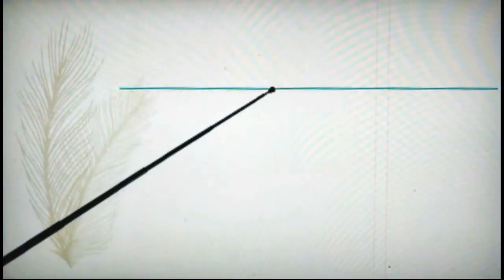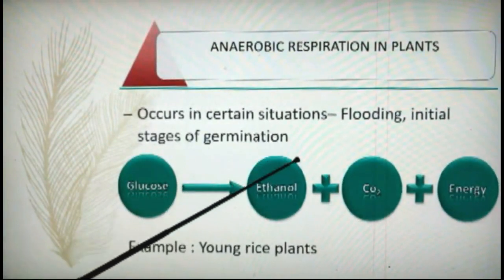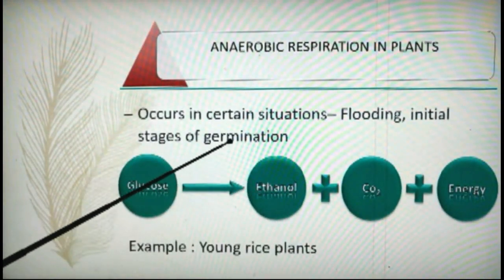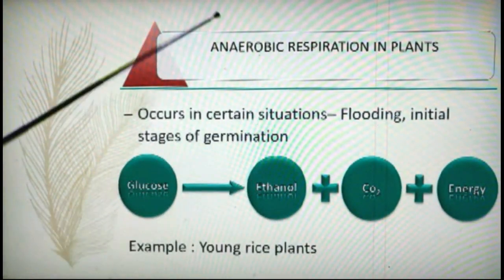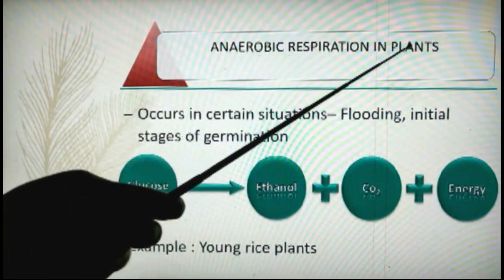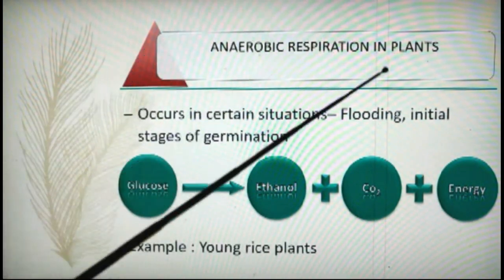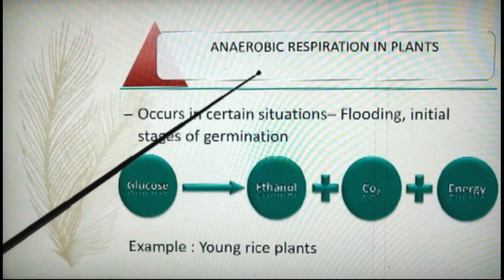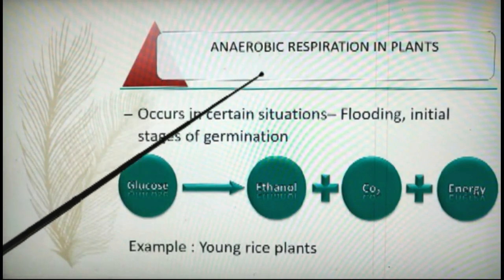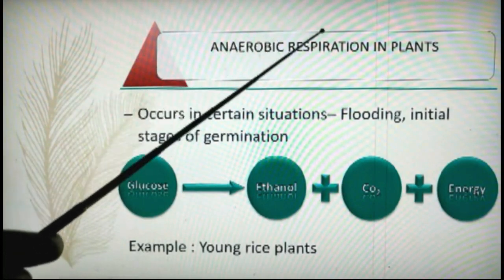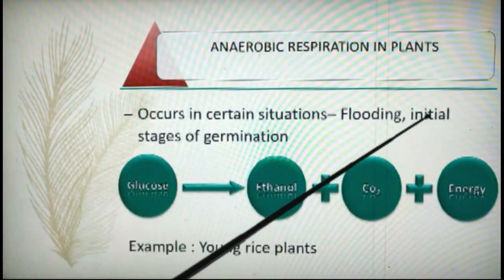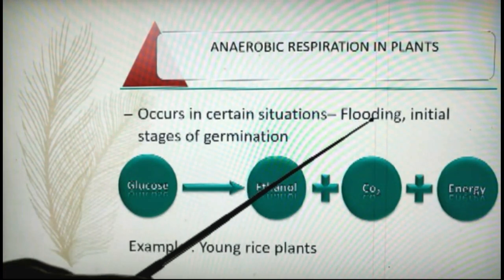Now, we can see where or how anaerobic respiration takes place in plants. So far we have discussed aerobic respiration in plants. But in rare situations, anaerobic respiration also takes place in plants. One example is during flooding.